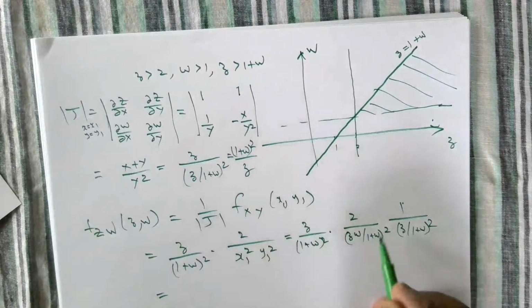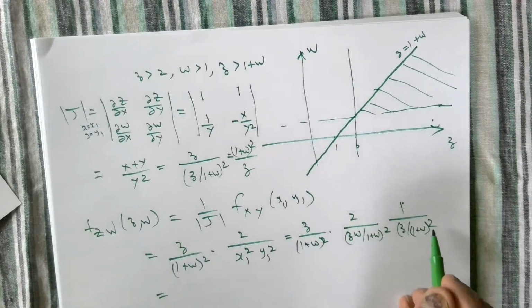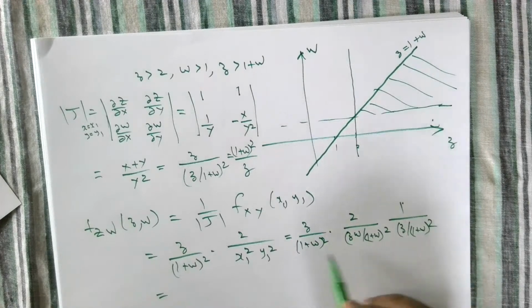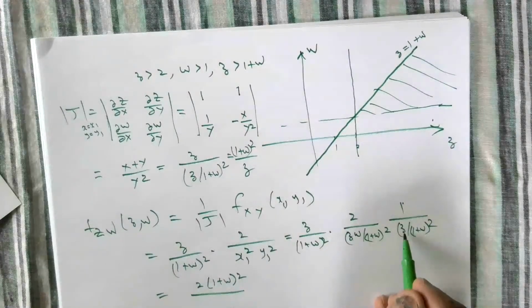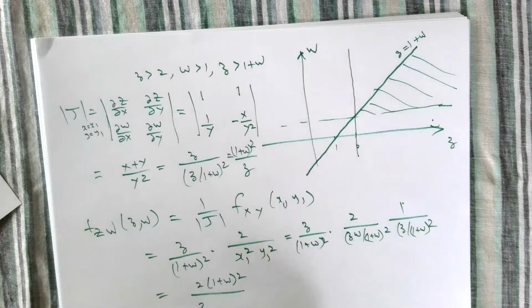If you simplify all this, one z cancels, one 1 plus w squared cancels. So you get 2 multiplied by 1 plus w the whole squared divided by z squared, and z, so z cubed, and there's a w squared here.